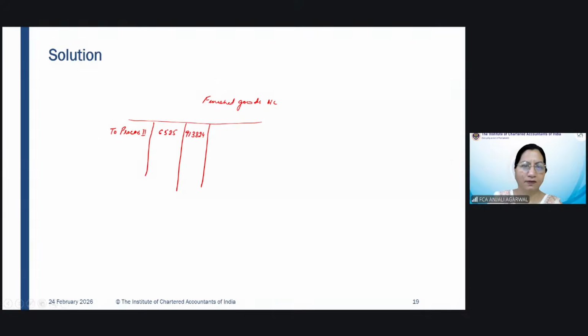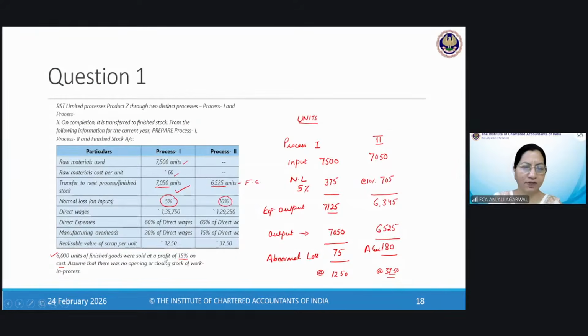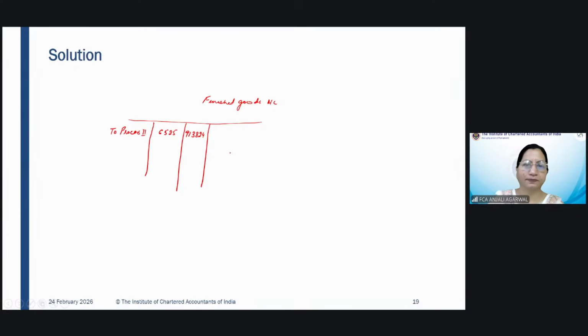Out of this, we say that 6,000 were sold at a profit of 15% on cost. So by cost of sales, 6,000 units will be sold, and you will have in the finished goods account closing stock 525 units.